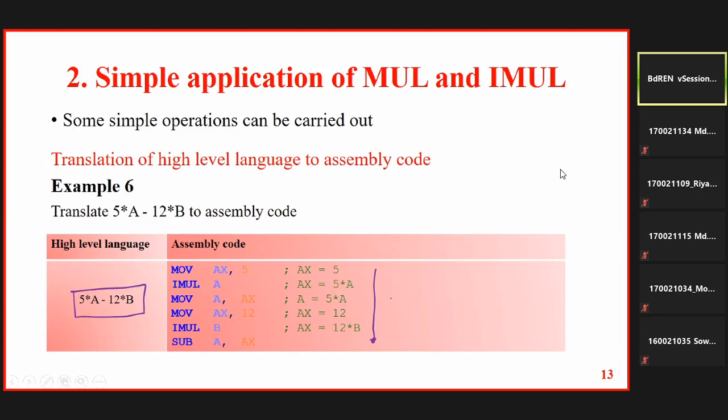Move AX comma 5, then AX will be giving you 5a, and we're assuming that the result will be within AX. Then AX has been moved to a. Then AX 12, and then 12. This is your 12b. This 12b and 5a has been subtracted, and you will be getting 5a minus 12b. Very simple thing, just to show how we can translate the high level language to assembly code. Is it okay? Yes, sir. Have you understood up to this?